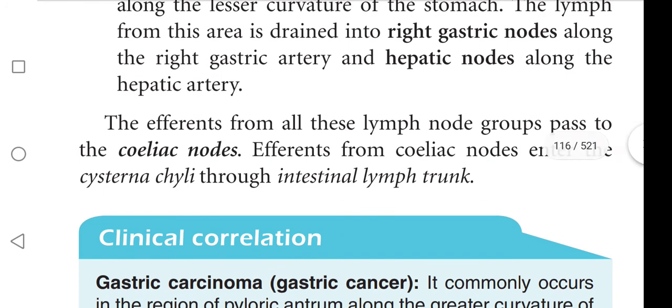The afferents from all these lymph node groups pass to the celiac nodes.